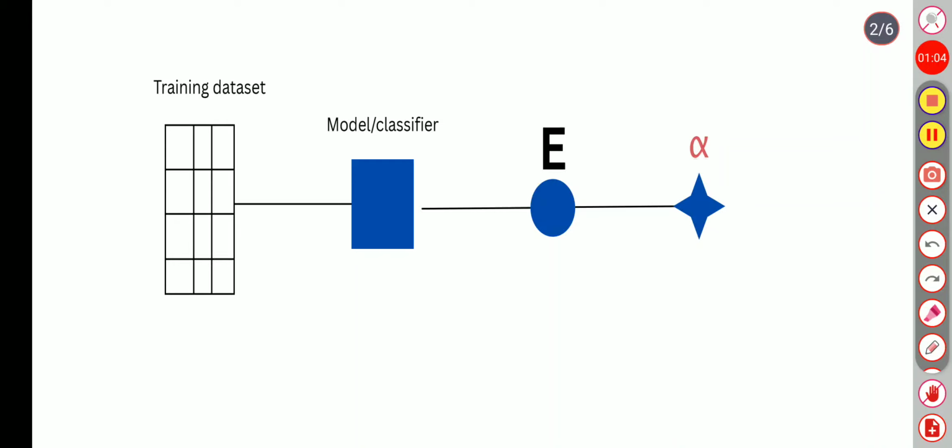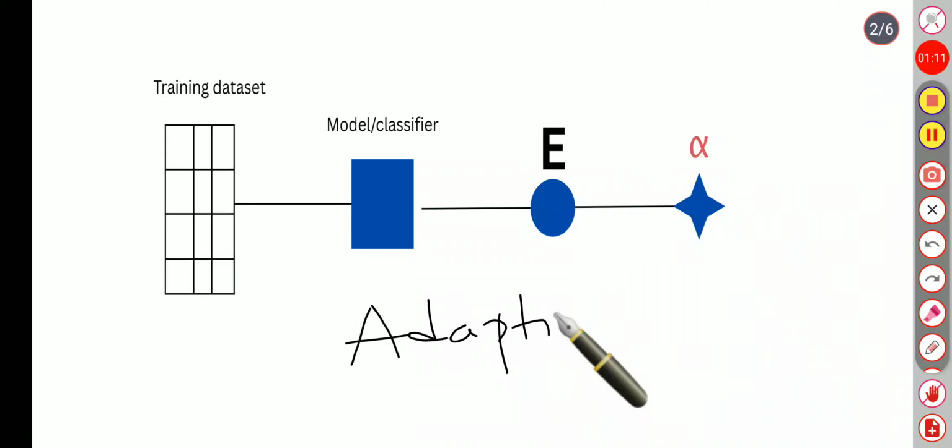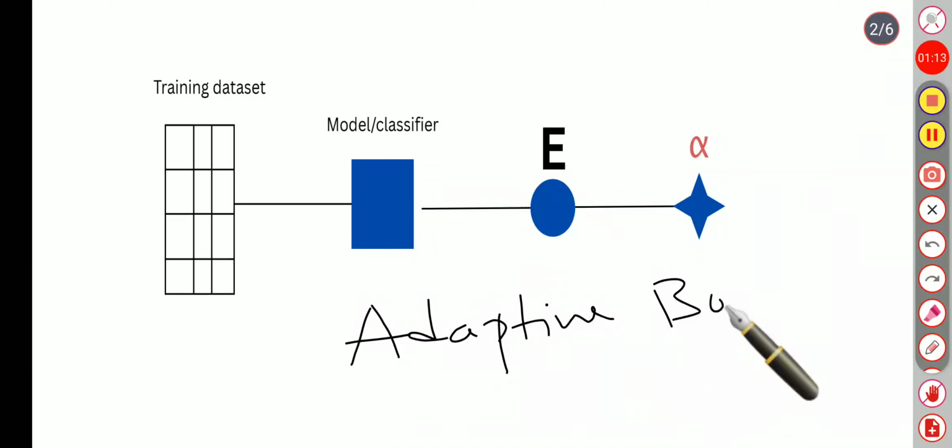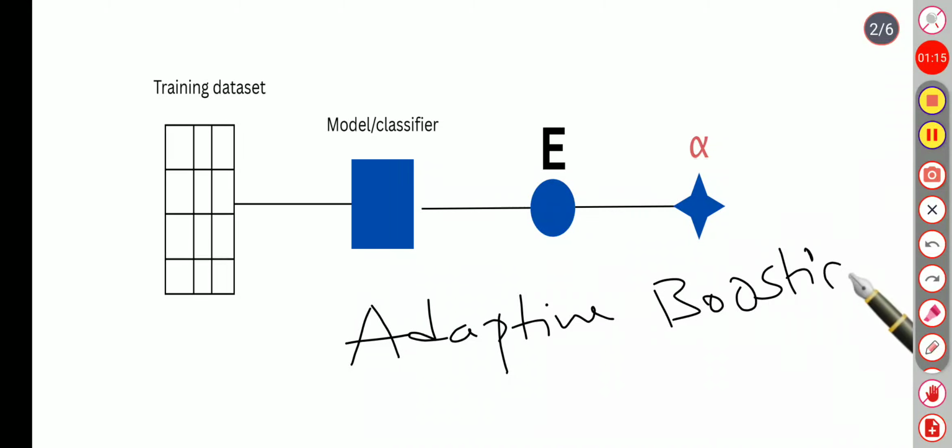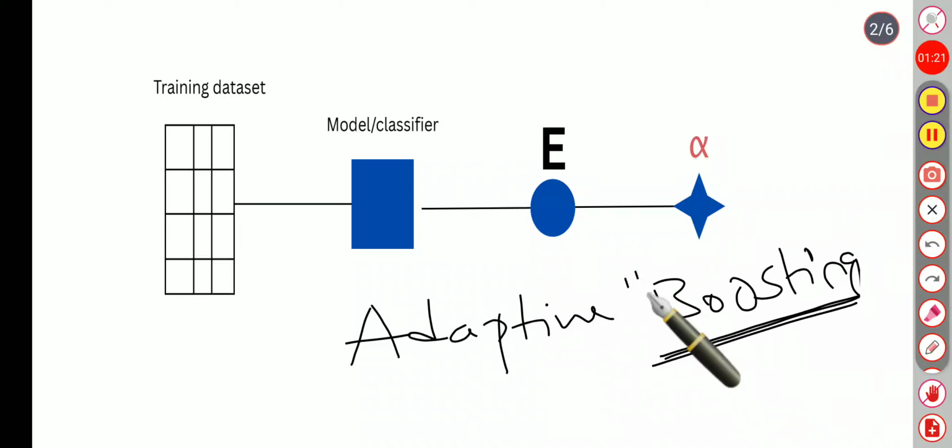See, what is AdaBoost? AdaBoost is nothing but adaptive boosting. The abbreviation stands for adaptive boosting. The word I am focusing on in this title is boosting. What is boosting?